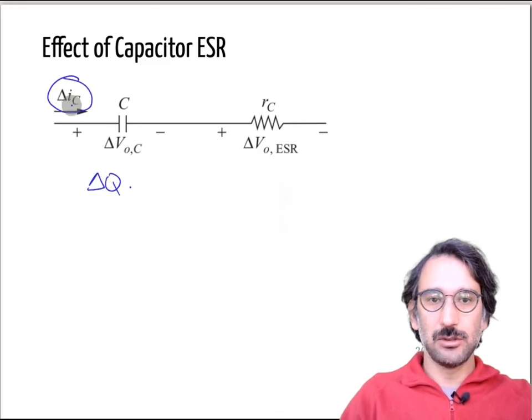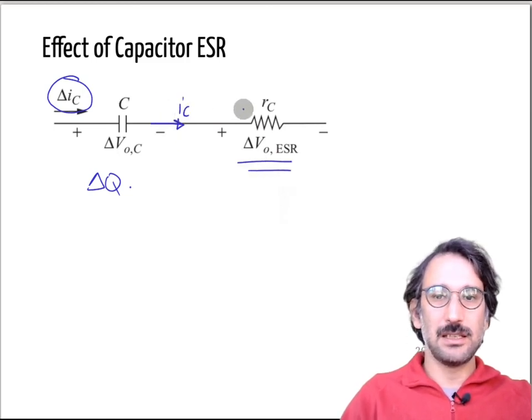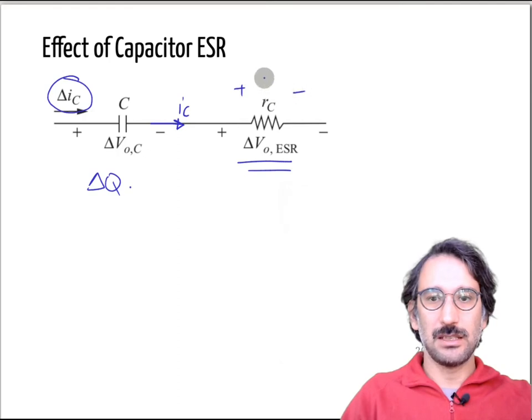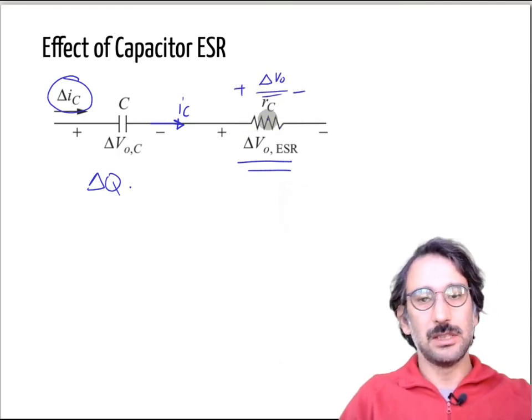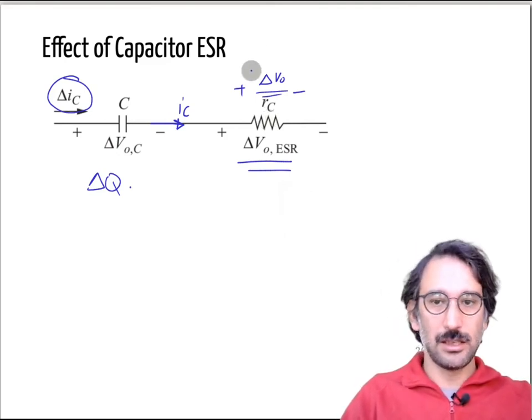But on top of that, whenever there is some current flowing through your capacitance, if there is an ESR value, you will have another ripple voltage due to that current.